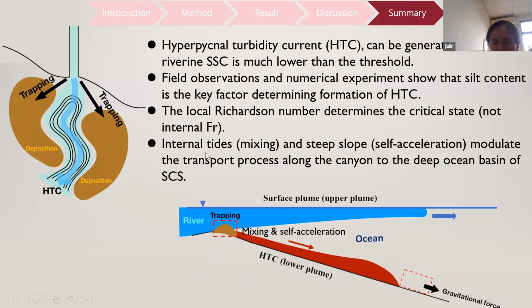So for example, the internal tide, which can change the density, and also the velocity direction of the canyon flow. And also in some locations, when the canyon slope is relatively steep, it will enter a regime of auto-acceleration. So this density current in the canyon actually can sustain itself and go very far downstream to the South China Sea area.